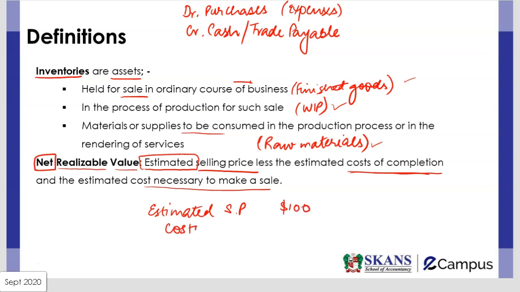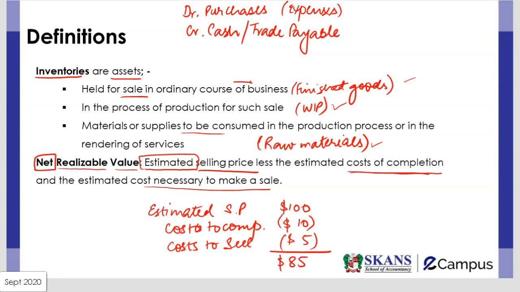The costs to complete incomplete products or unfinished products was $10, and estimated costs to sell were $5. So the standard says that the net amount that the company will actually get against this product is 85. This is how we calculate the net realizable value.